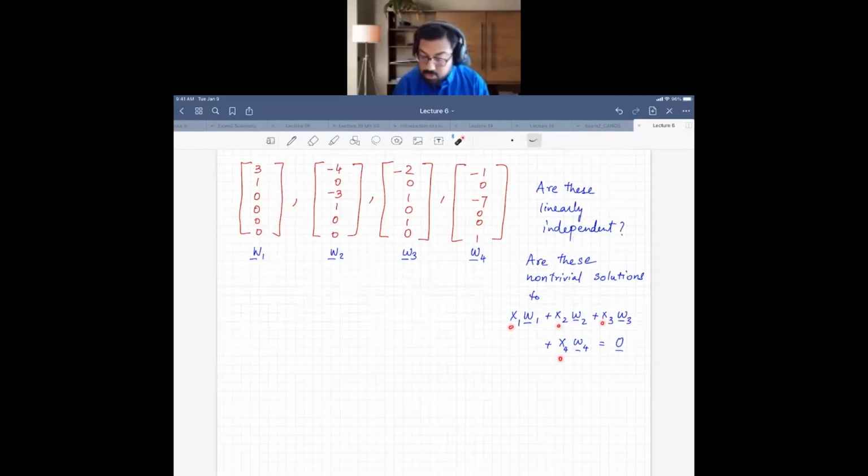If you get non-trivial solutions to this, that means they are linearly dependent. If you only get the trivial solution, then you know that they are linearly independent.